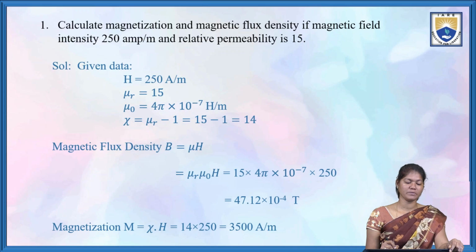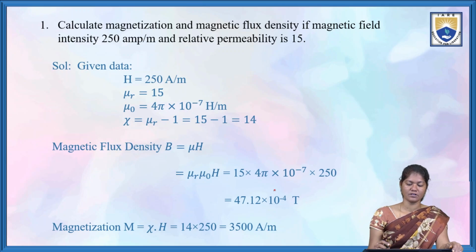So the problem is: calculate magnetization and magnetic flux density if magnetic field intensity is 250 ampere per meter and the relative permeability is 15. Let's write the given data.